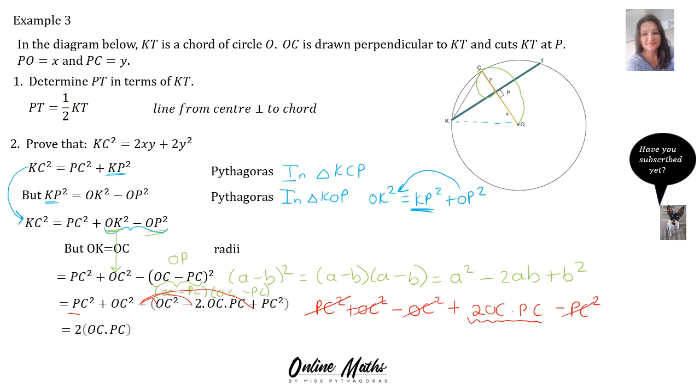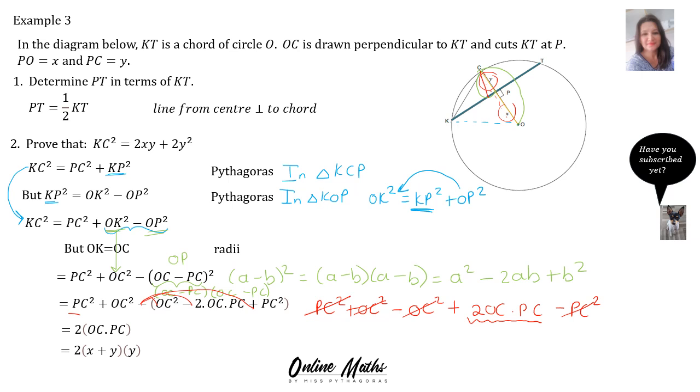In the next step, have a look at the sketch there. OC is this whole length, and it consists of OP plus PC, which is x plus y. And PC was given as y.